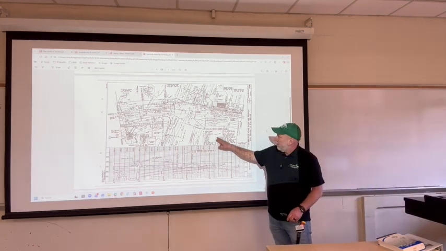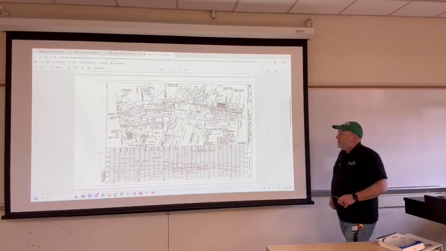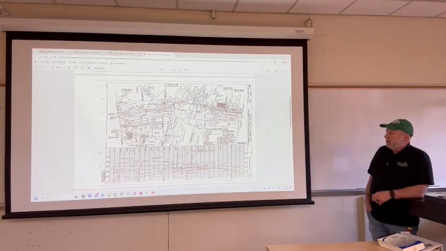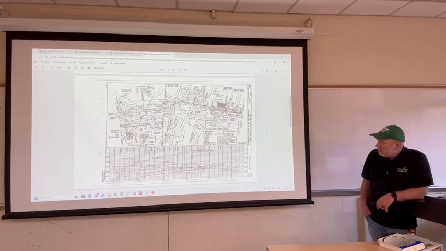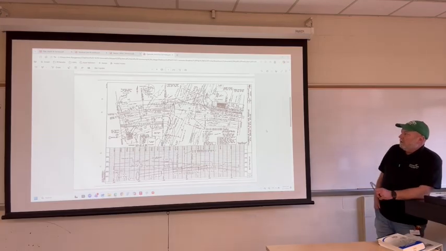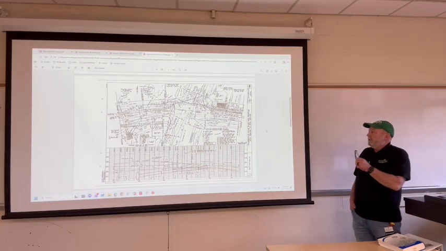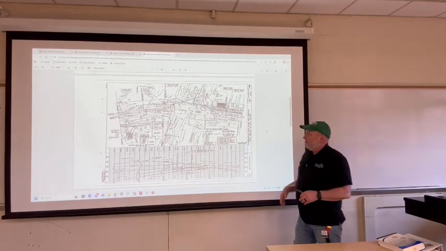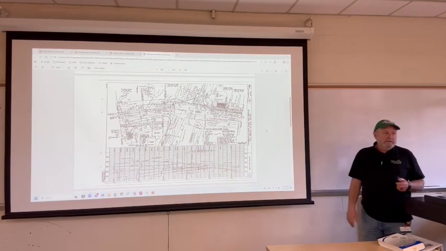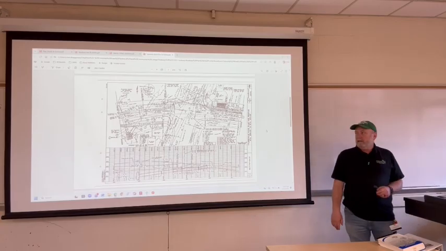With curve data here, you do have your PI stations, your delta, a degree of curve, a radius, tangent, length, external, something else in there. Something really interesting to pay attention to is if you see a degree of curve listed, this one's listed at 2 degrees, 0 minutes, 0 seconds.